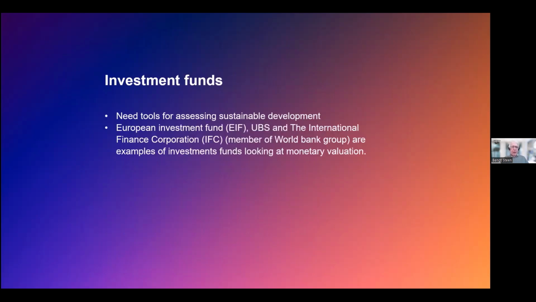And I have had contacts with the European investment funds, the Swiss bank UBS, and the International Finance Corporation, which is a member of the World Bank Group. They are examples of investment funds looking at monetary valuation.